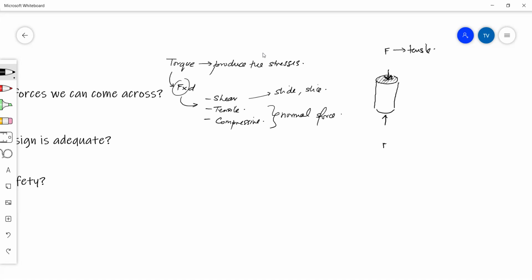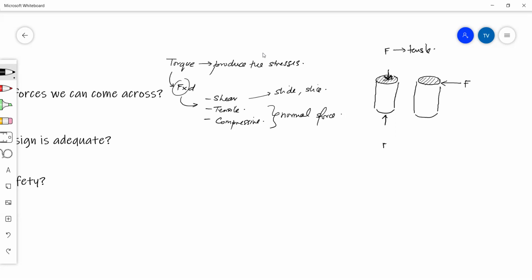Now, what if we have a force like this? Shear. Yes, this is a shear force. If this was just part of another element, it will be causing this element to slice in half. It's like a knife cutting through something.